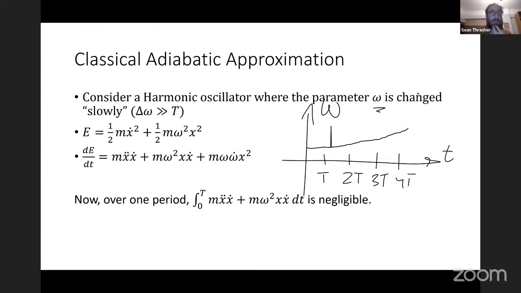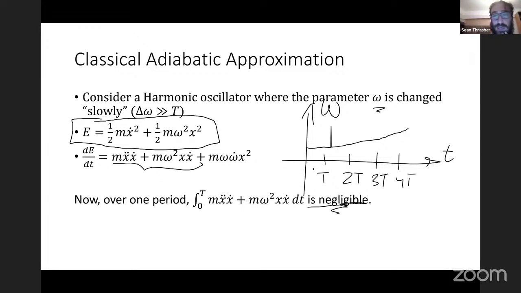Then we can make a neat but albeit hand-wavy argument. You can write down the energy of the system, effectively the Hamiltonian, differentiate it, and then look at what happens to the effective change of this Hamiltonian. If you integrate over a period, this term is negligible because omega changes very negligibly over a single period.